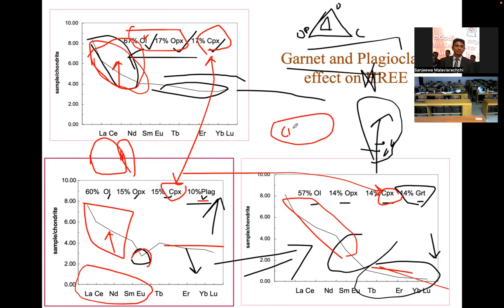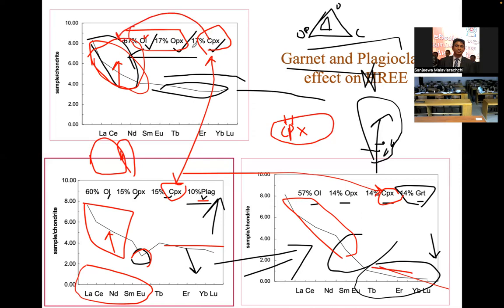This large content of CPX here took a lot of light rare earth elements, and the rest of the rock shows this type of enrichment pattern because they still have CPX in abundance there.